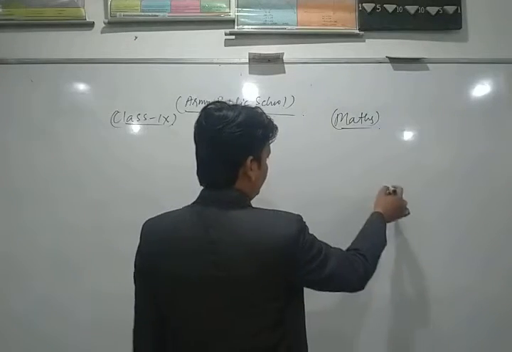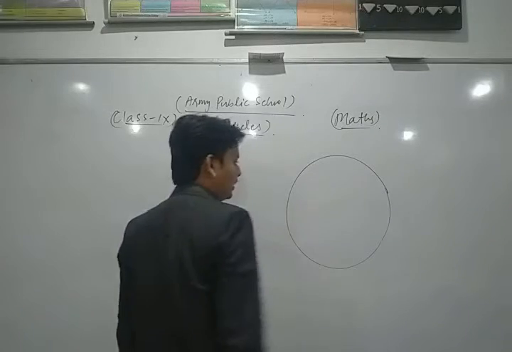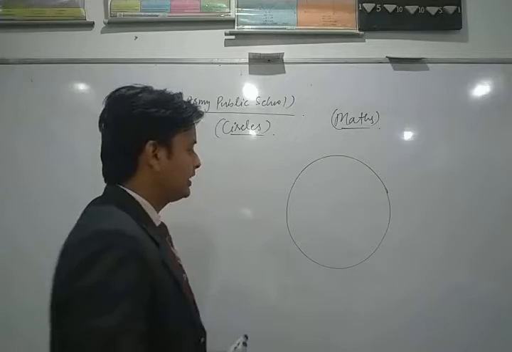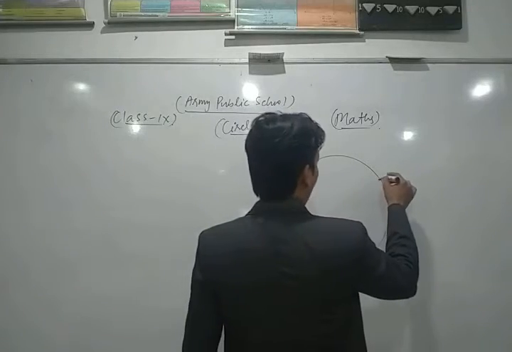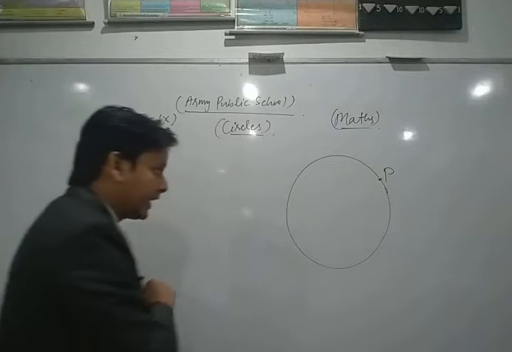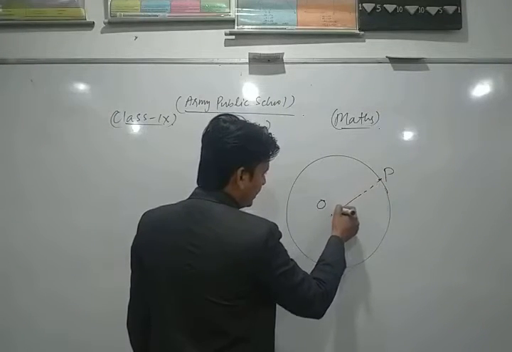You know that very well, dear students. Suppose that any moving object moves in a plane in such a way that its distance from a given fixed point is always constant.